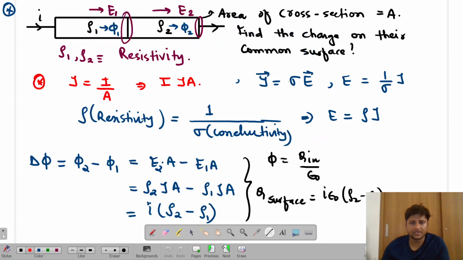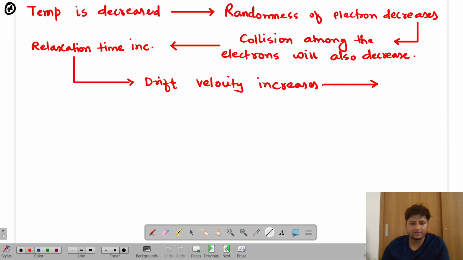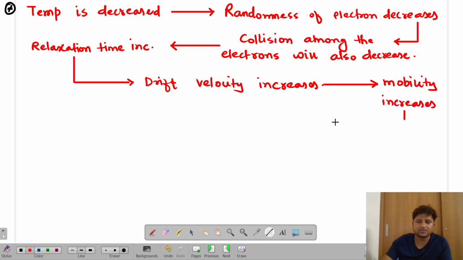Correct? Isn't it? So the point is very, very simple: if drift velocity increases, my mobility increases, isn't it? And if mobility increases, what increases?